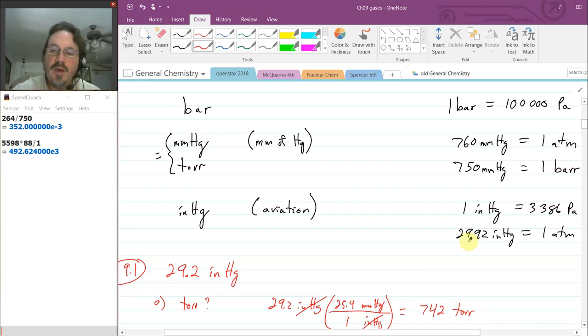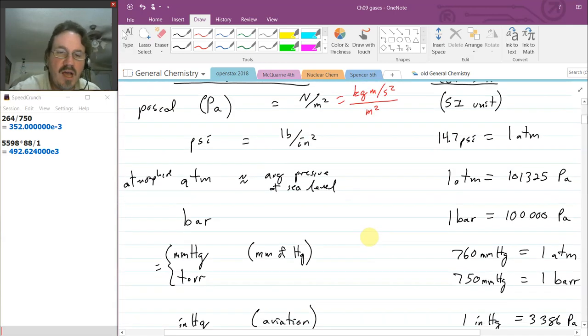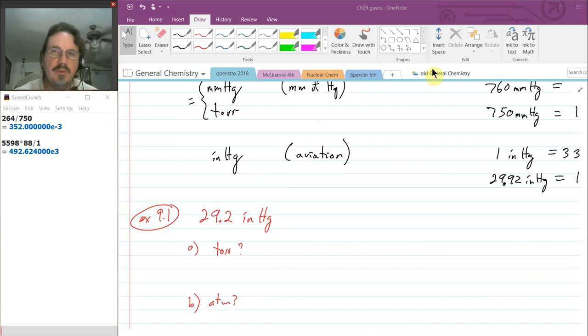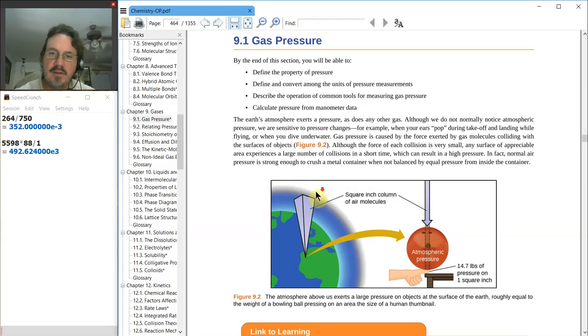Turns out that 29.92 inches of mercury is 1 atmosphere on average. Or if you want to convert that to pascals, 1 inch of mercury is 3,386 pascals. All right, so lots and lots of different units of pressure, and you'll need to be able to interconvert between them. The ones that are most commonly used are probably pascals, atmospheres, bars, and millimeters of mercury, those 4. Example 9.1, let's go to that in the textbook here.